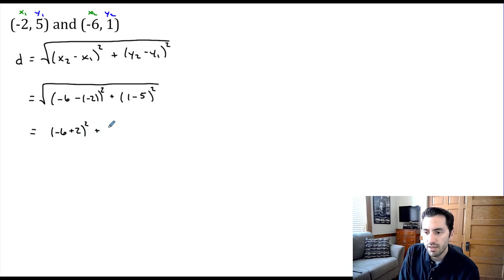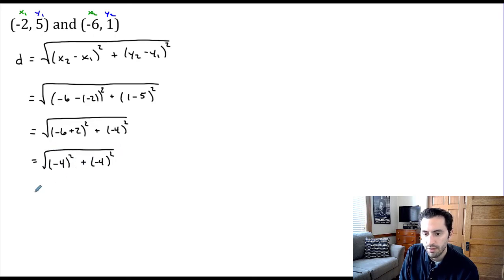Our second set here, 1 minus 5 is -4. And if I keep going, -6 plus 2, that's going to be -4. So we have -4 squared plus -4 squared. -4 squared, -4 times -4 is 16.